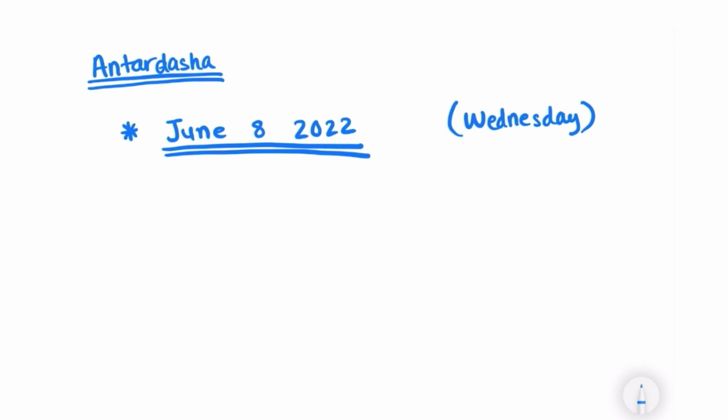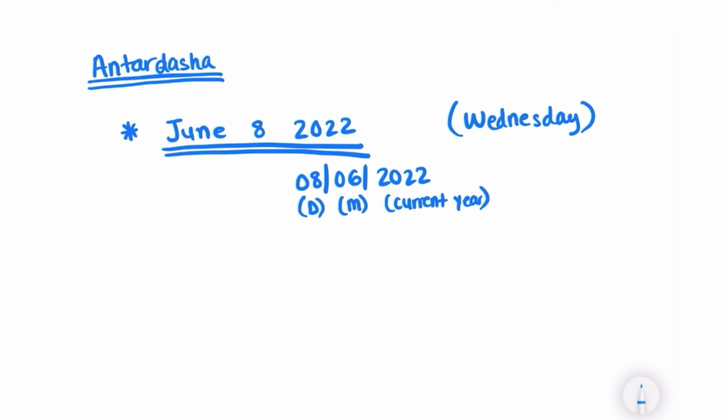So now, to find this person's Antardasha, all you will do is, let me just write down in digits first, the date of birth. So it's 8/6/2022, right? This is the day, month, and current year. Okay?